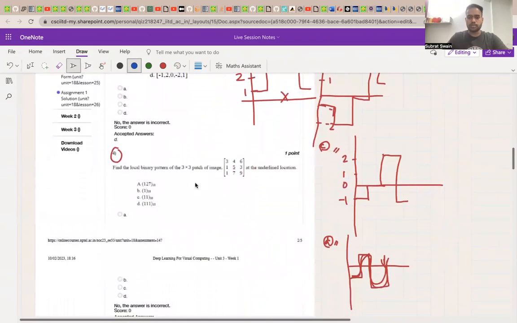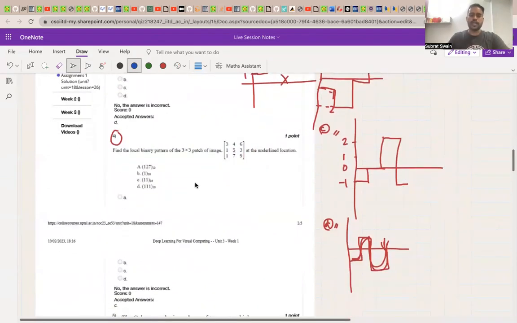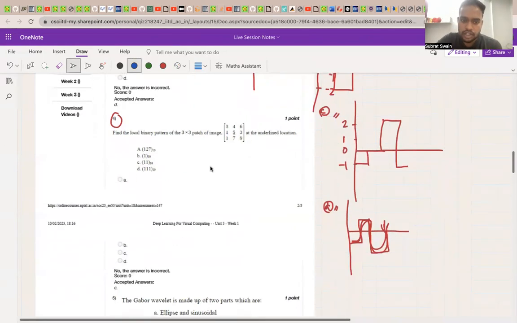Otherwise, I will move to question number 4, where I will tell about local binary patterns. Everyone is clear till question number 3, so I'll move to question number 4.